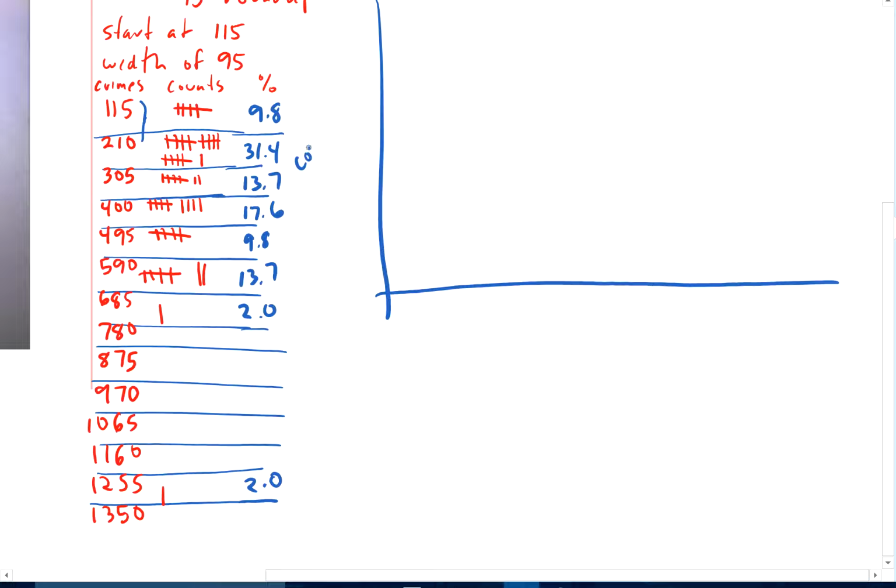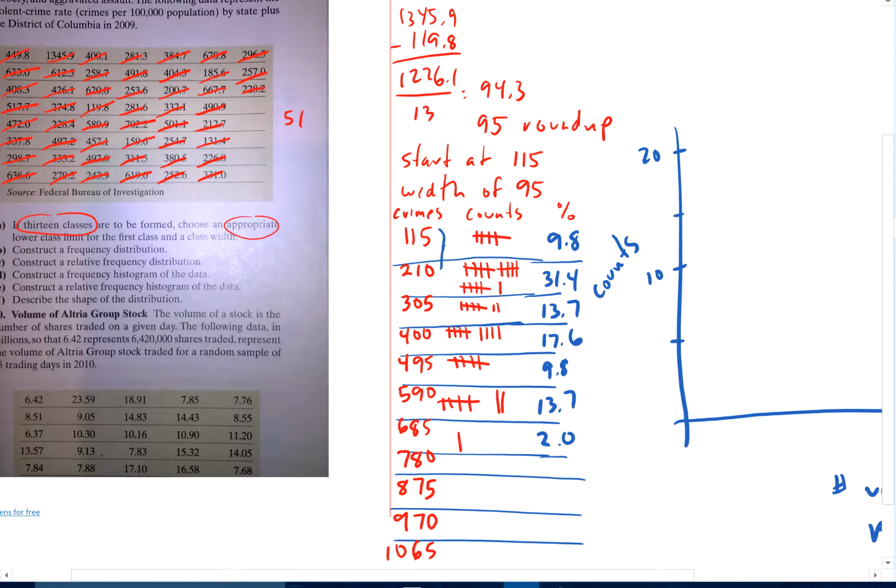So this is going to be counts. And it looks like my highest count is going to be 16, so we'll go up here to 20. We'll do 10, 15, and 5. And then this is number of violent crimes. This is important that you say per, is it 100,000? Yeah.